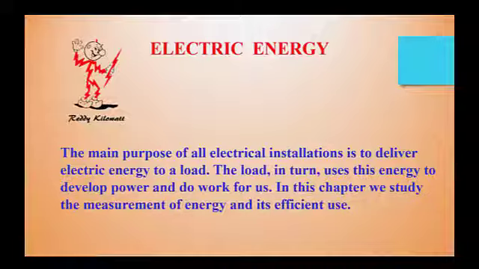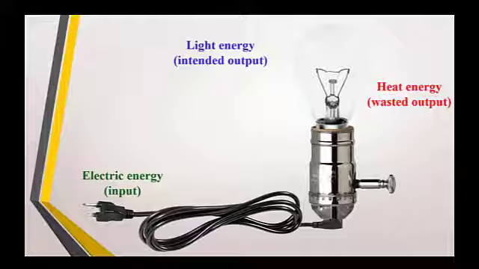So the reason we have electric circuits is so that something can get done for us, so that we're more comfortable. And we're going to use this to convert electrical energy into some other type of energy. I have electrical energy going into this device, and I have light energy coming out.